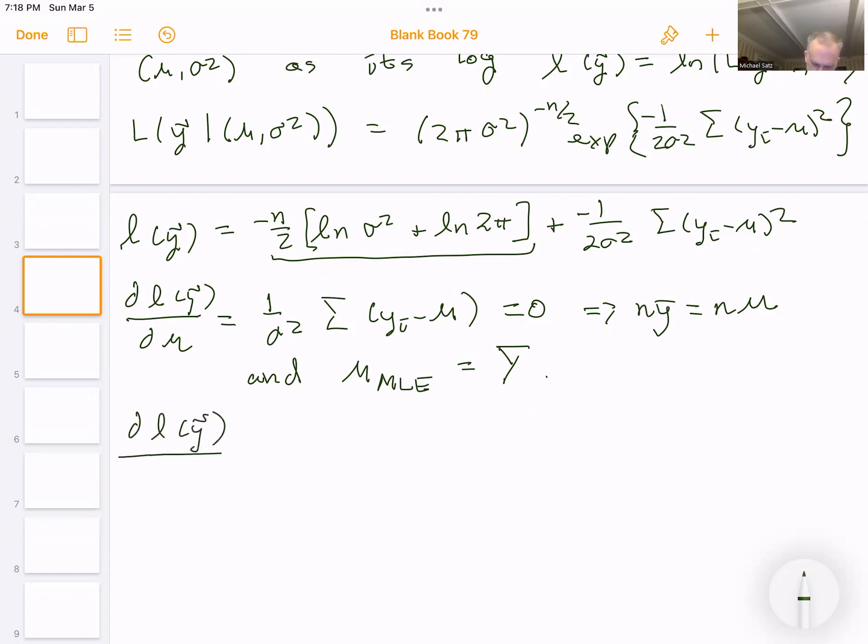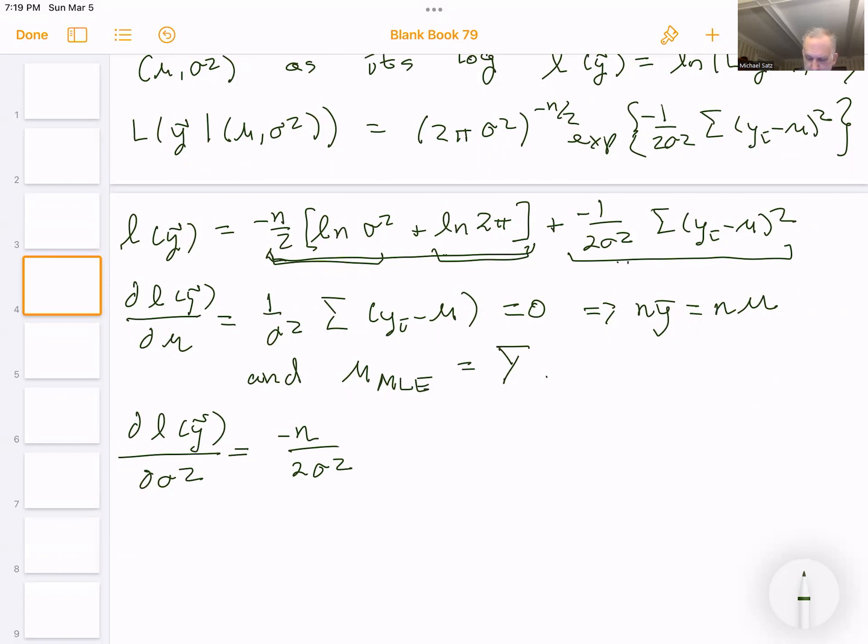So, dl y d sigma squared. I want to take the derivative now of the log of the likelihood with respect to sigma squared. Here I have a little more work to do, but it's not too bad. So I'm taking the derivative just of this. This is 0, so I don't have to worry about that. This would be minus n over 2 sigma squared. And now take the derivative of this with respect to sigma squared. So this is sigma squared to the minus 1 power.